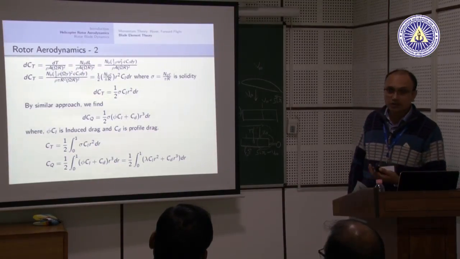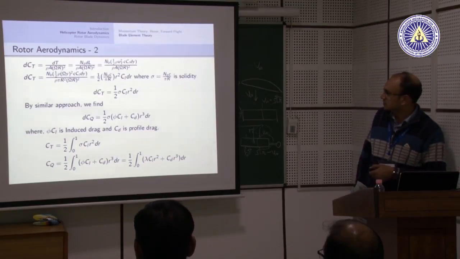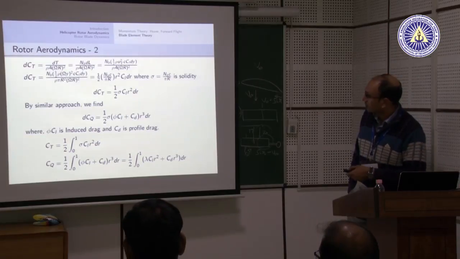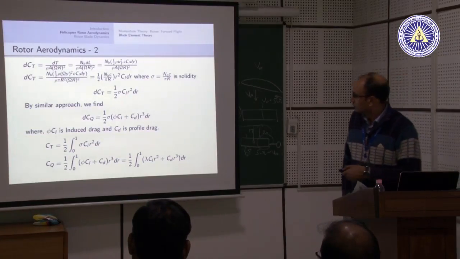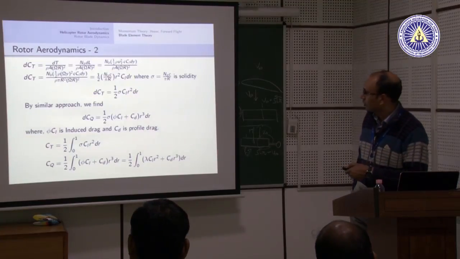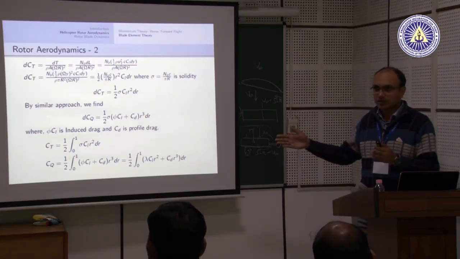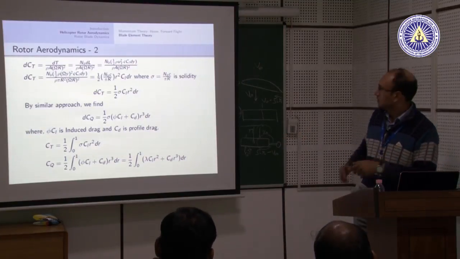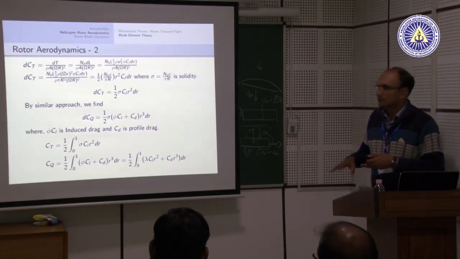Now we are introducing another new parameter called sigma. So, this dCT is equal to half sigma into CL into r square dr. Okay. So, CL is same as before, this r is now my non-dimensional radial location. Earlier I was using y, which was a dimensional quantity, now y divided by R. So, now this r will go from 0 to 1, right.